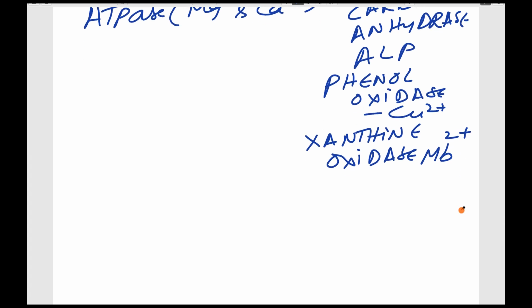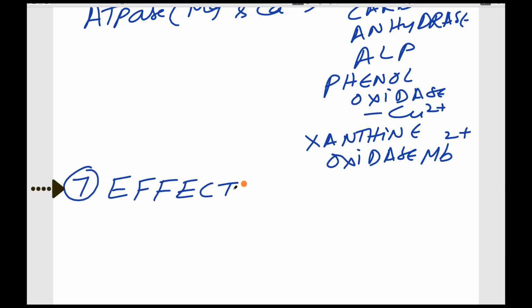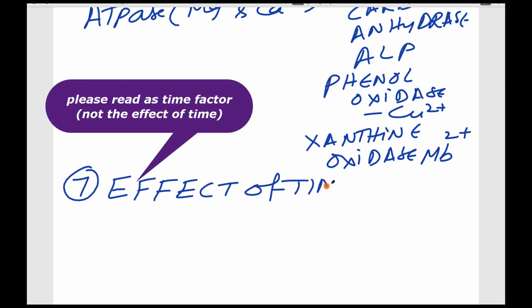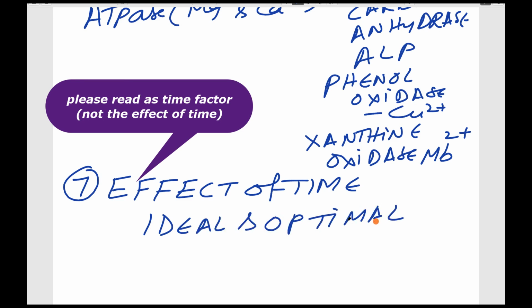The next one is effect of time. What does it mean? Suppose ideal and optimal conditions are there.